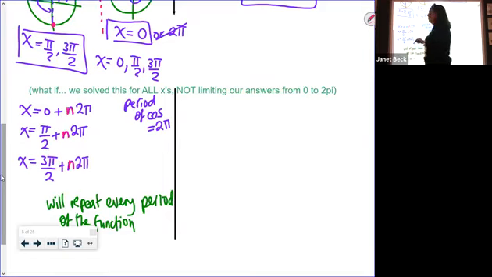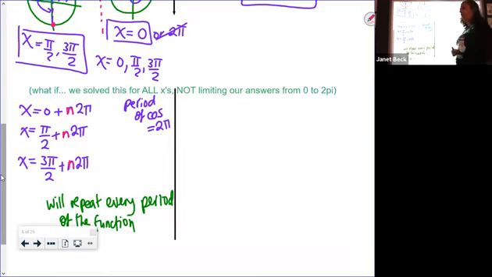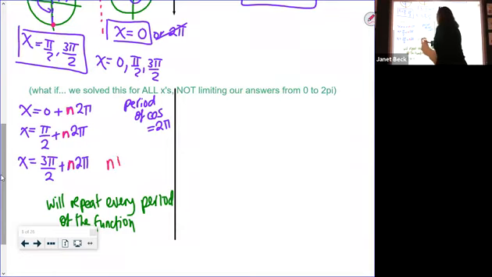Numbers like 1, 2, 3, 57, -28, yeah? n is any integer. Okay, that's what we're doing.